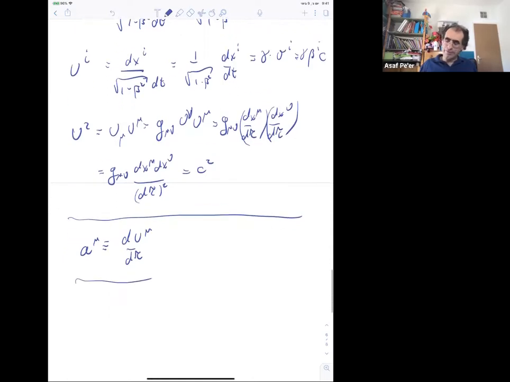And the force is just m times A mu, just m times du mu over d tau. That's of course what comes instead of Newton's second law.